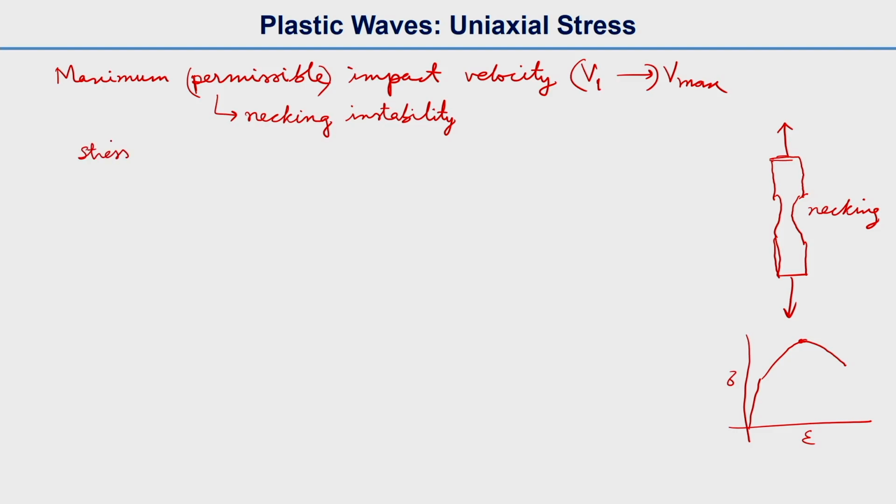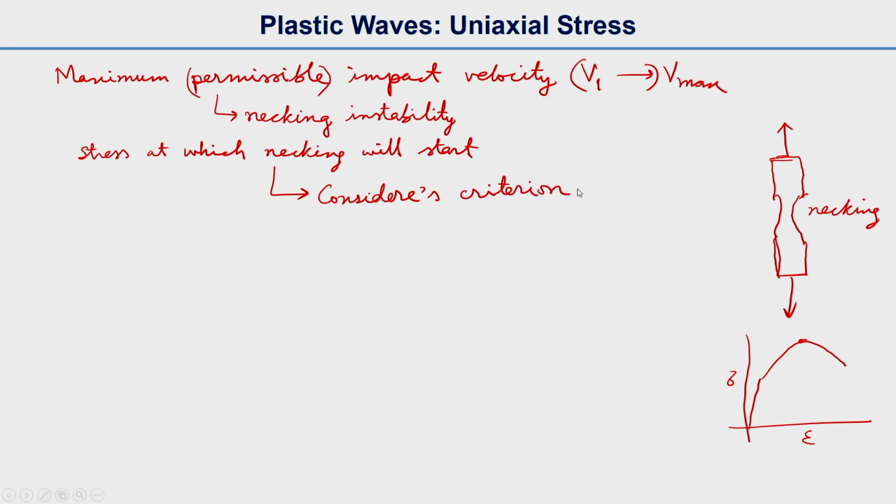The stress at which necking will start can be found out with something called the Considère criterion. Considère criterion is used to get the stress at which the necking will start.